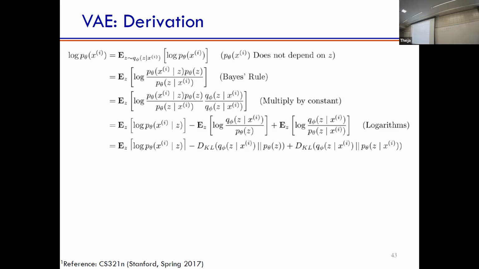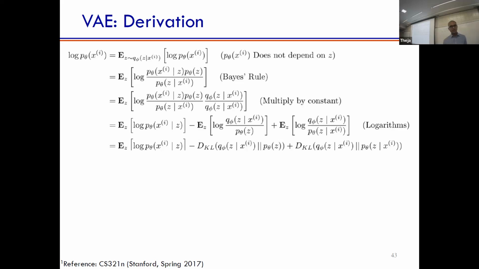Just by definition, because Z is with respect to Q, and expectation is just the sum over the probability of that random variable. Similarly, this term also becomes the KL divergence with these two arguments. That's why we introduced the KL divergence in the previous slide, so that this happens.